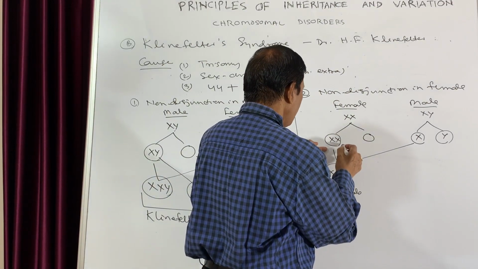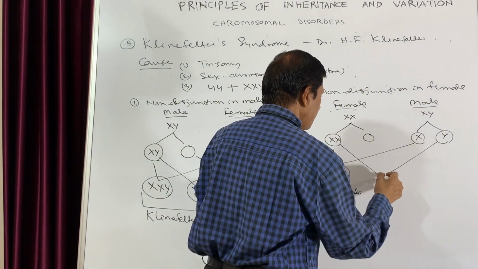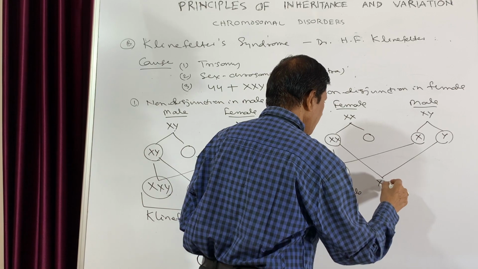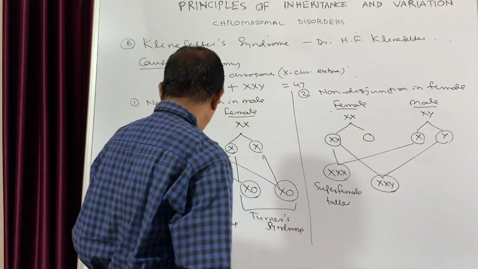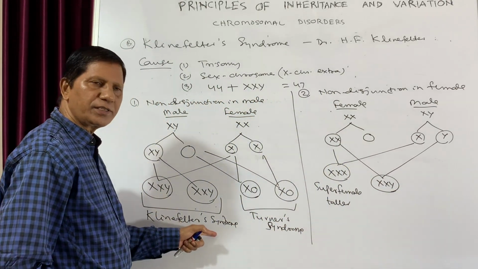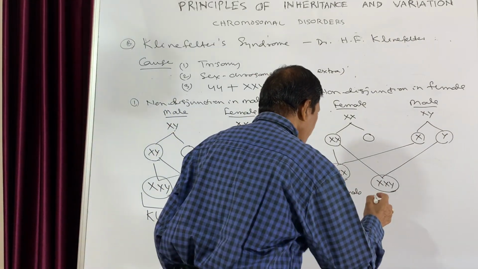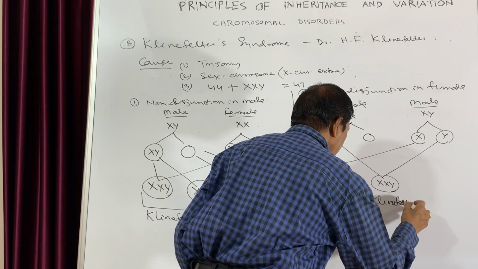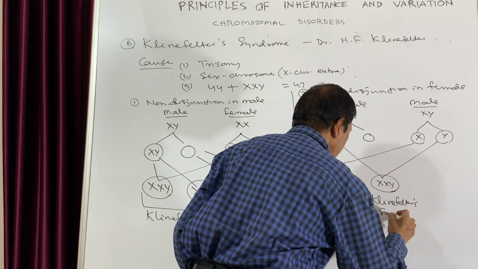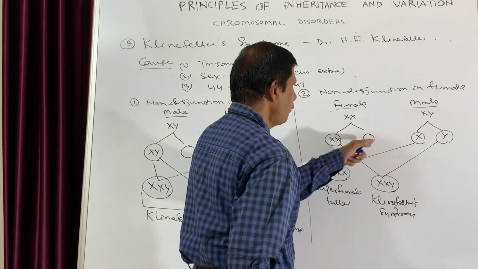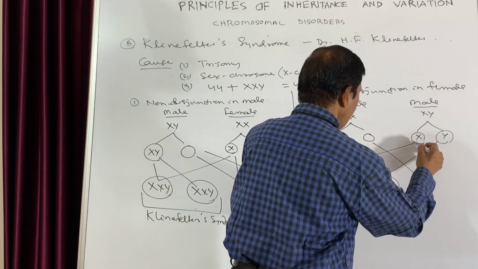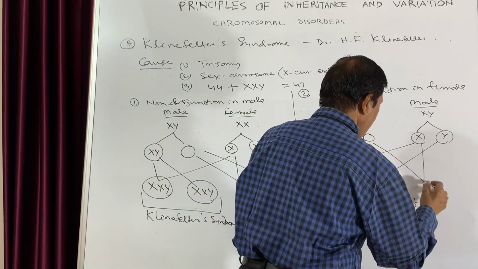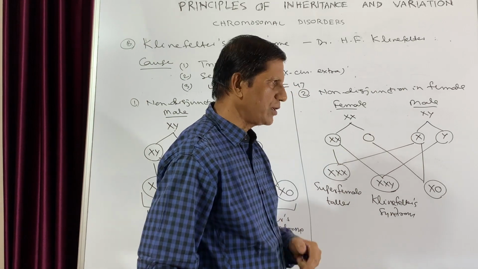Now if this combines with this one, it will be double X and Y. So you see, double X and Y is Klinefelter syndrome. Now if this fuses with the X, it will be only a single X there and one is not there.